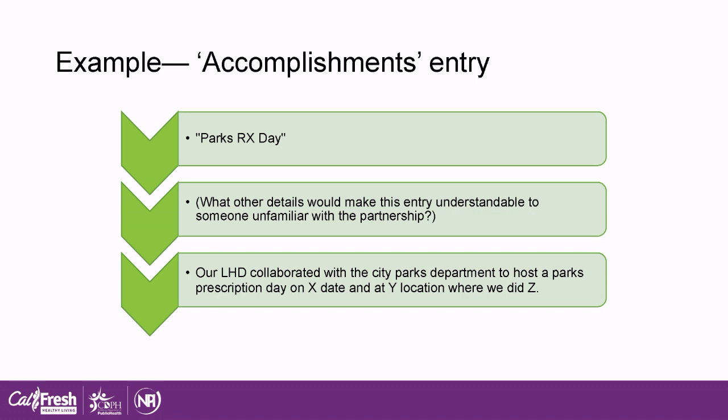How did the partnership contribute to the RX Day? It could also be helpful for the entry if someone could define what the Parks RX Day is. The entry might read, "Our LHD collaborated with the City Parks Department to host a Parks Prescription Day on X date and at Y locations where we did Z."